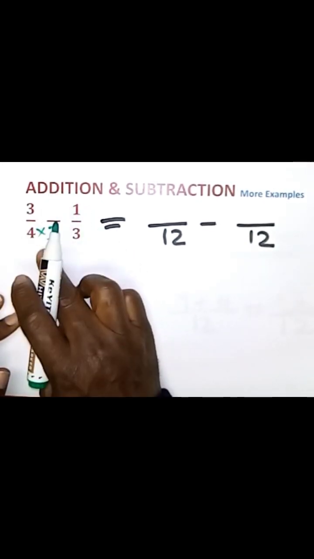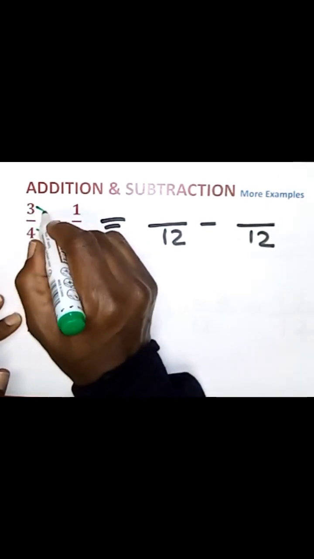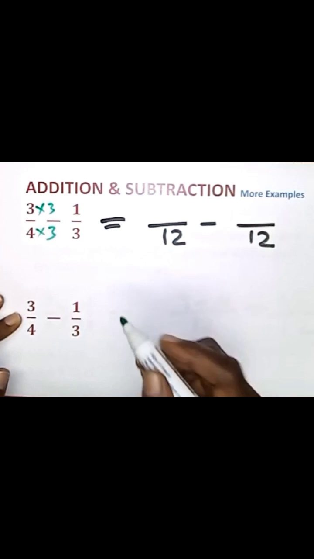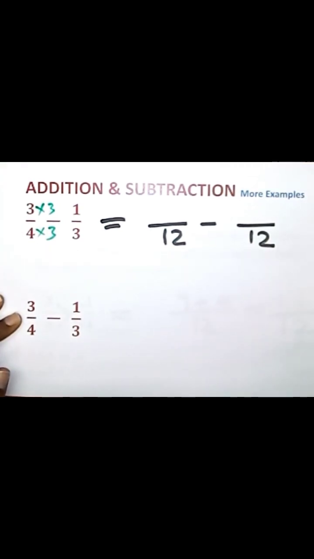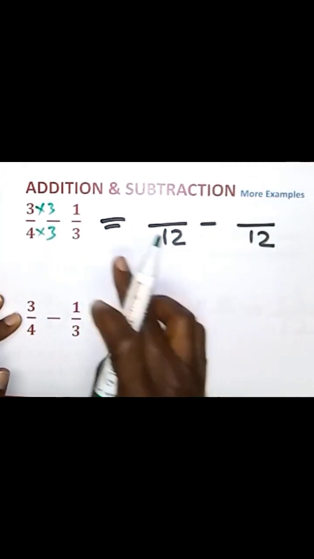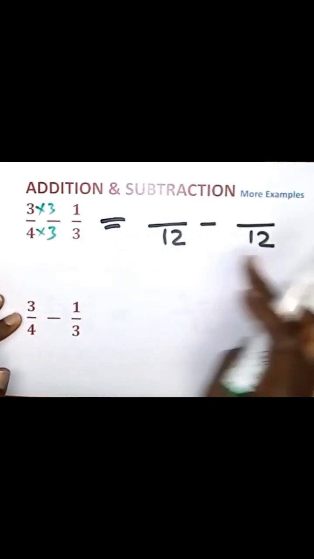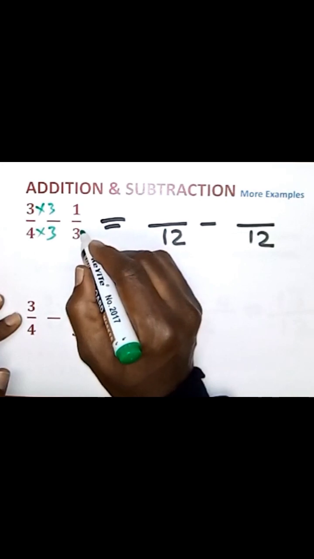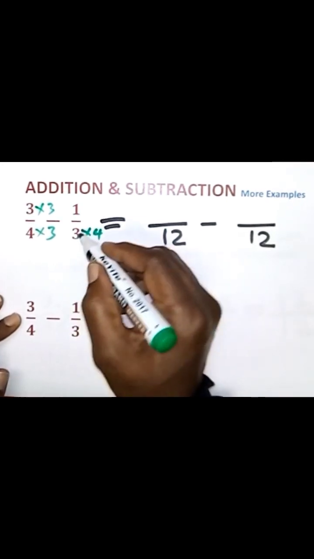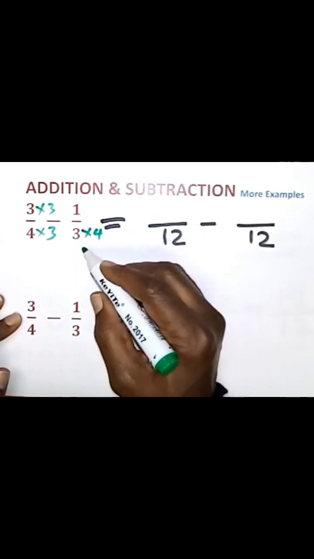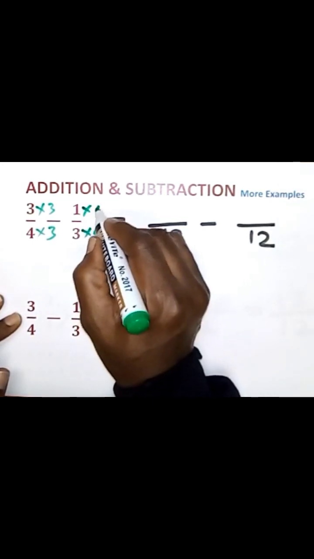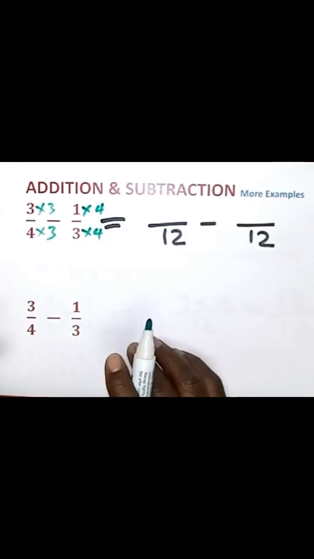And I multiply the denominator by 3, so I will also have to multiply the numerator by 3. Do you remember that from the last video? And then, in the case of this other denominator, what did I do to 3 to get 12? Of course, I multiply 3 by 4. And whatever I do to the denominator, I must also do to the numerator.